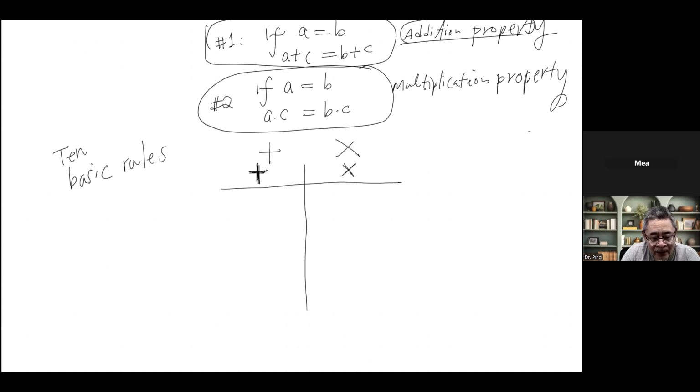Okay. And first thing we know that when we add something, the order really doesn't matter. Same thing when we multiply something, the order does not matter either. And now, this is the language of algebra. We use letters. So it actually makes life a lot easier.